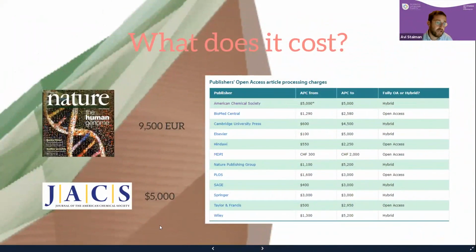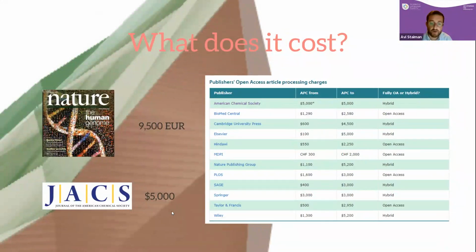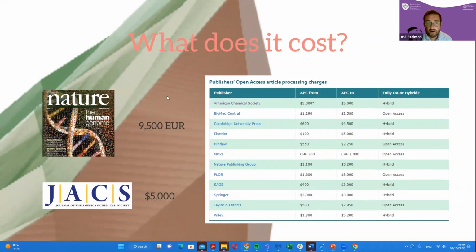Now, one of the things, I think the elephant in the room, and I think ChronosHub does a great job of making this transparent, is what the costs are. Especially now that we're in the interim period of open access, where sometimes authors are paying, sometimes universities are paying, sometimes it's unclear. It's really important to understand what we're getting into with open access.